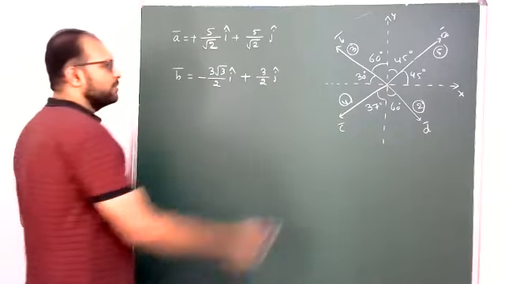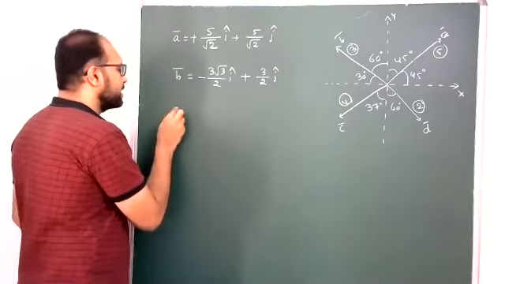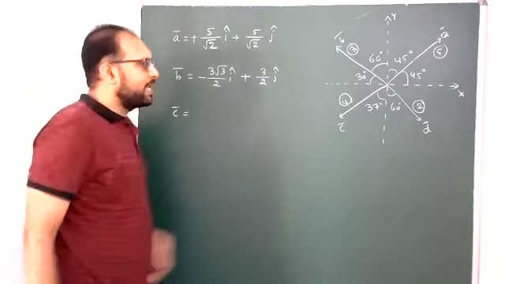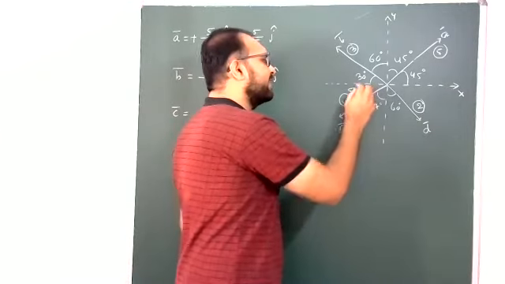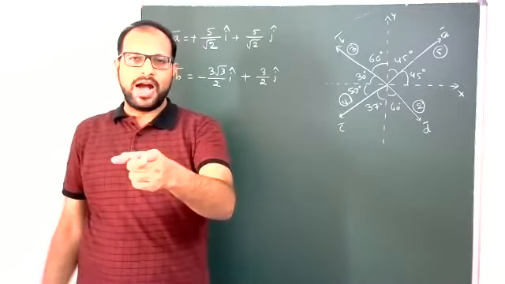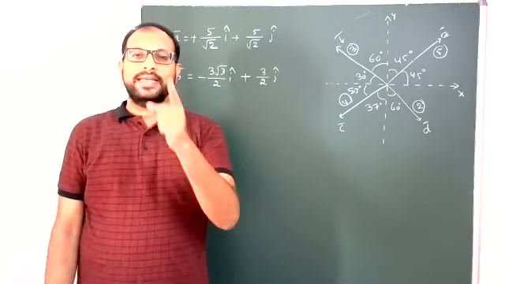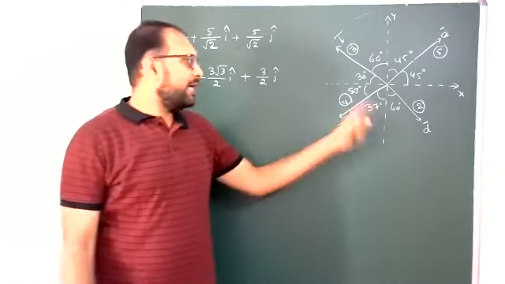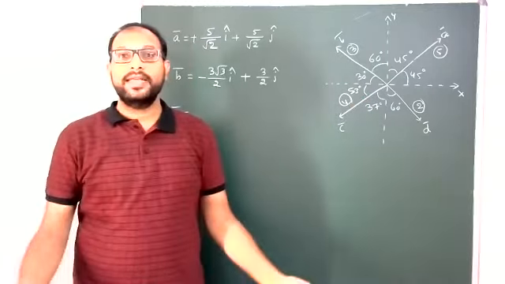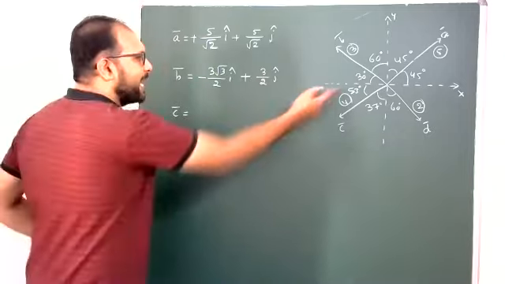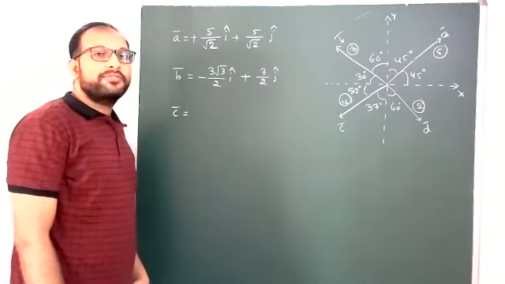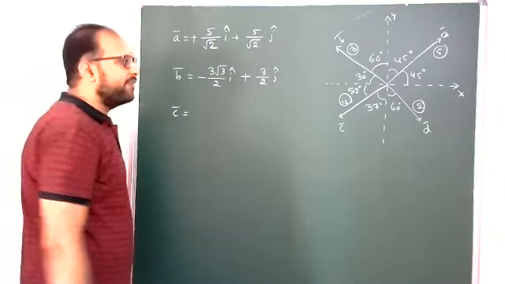Right, now come to the fourth, that is c bar. C bar is nothing but, yes, here 37, this is 53. Students, we know cos 37 is 4 by 5 and cos 53 is 3 by 5. So now the x component angle is 53, cos 53, 3 by 5.